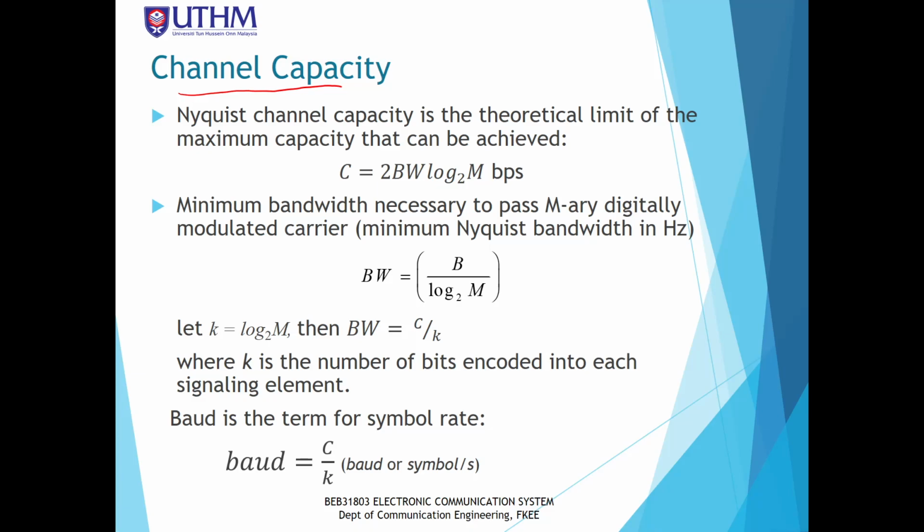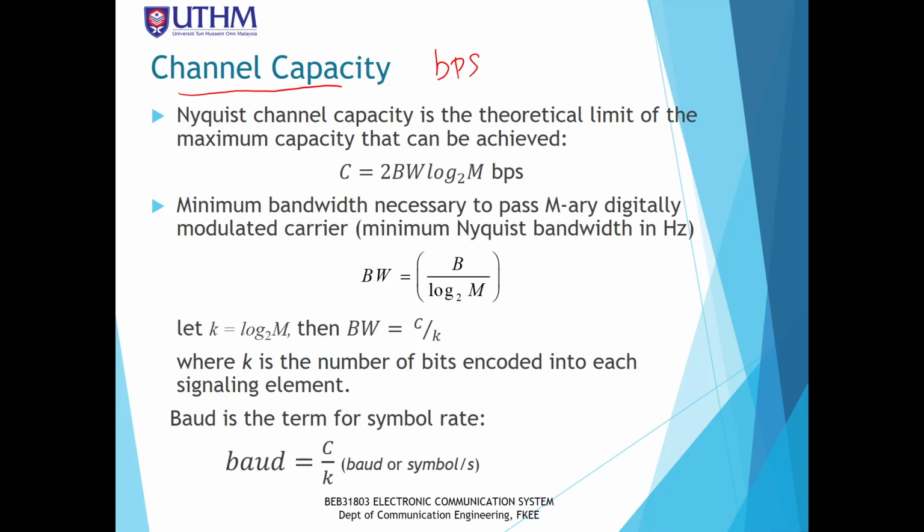If the transmitter transmits more than the channel capacity, the receiver will be unable to decode the received signal into the original signal. Channel capacity is also in terms of bits per second.